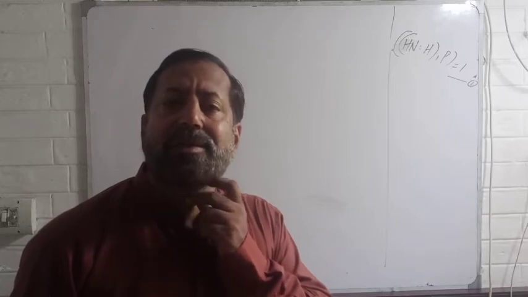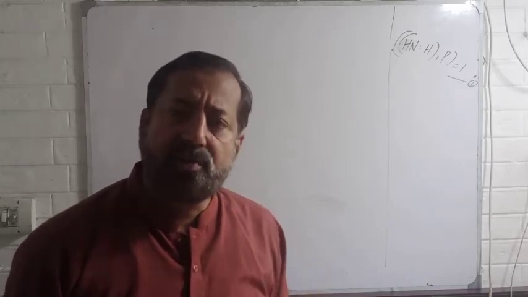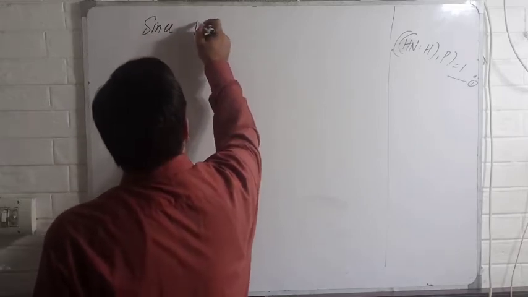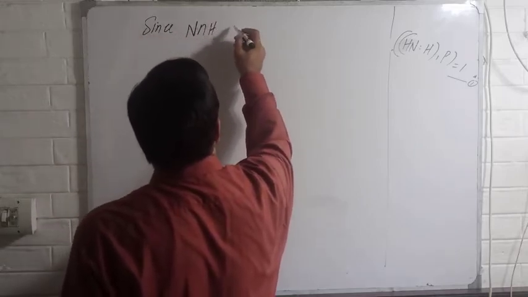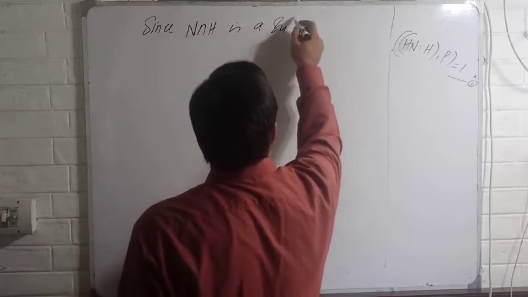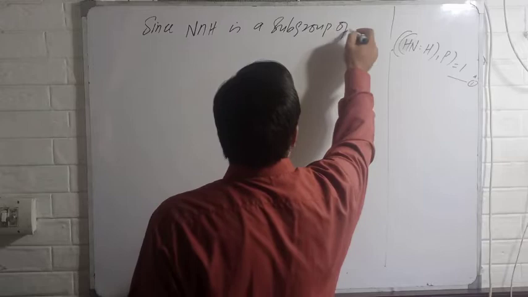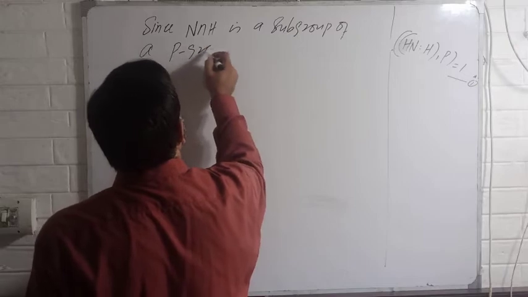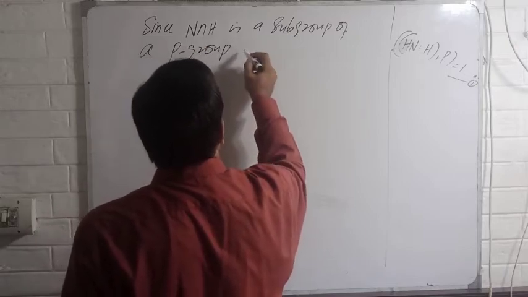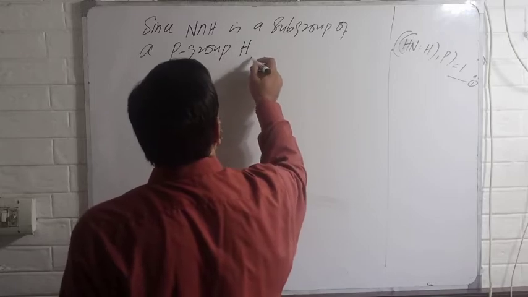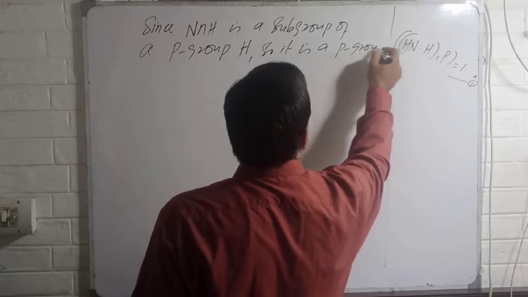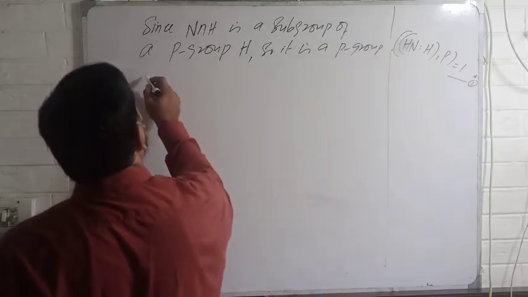Since N intersection H is a subgroup of the p group H, it is a p group itself.